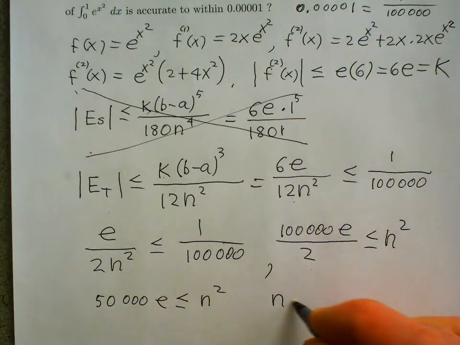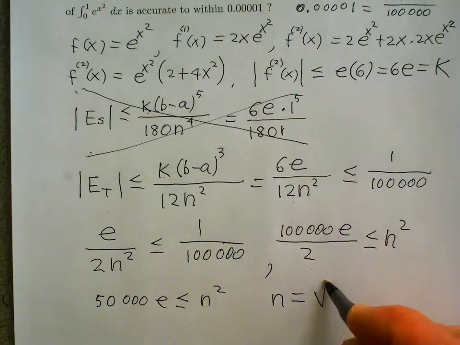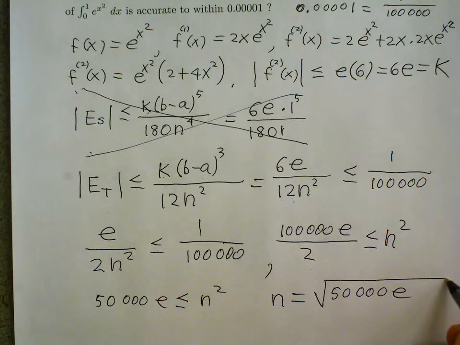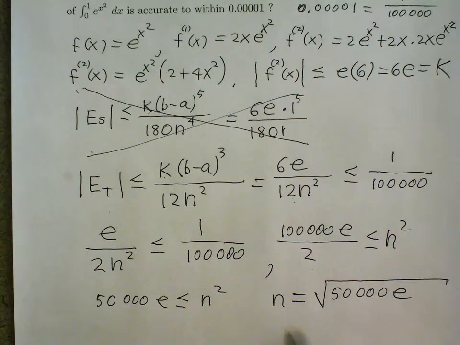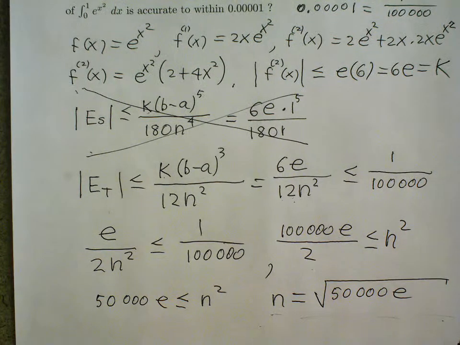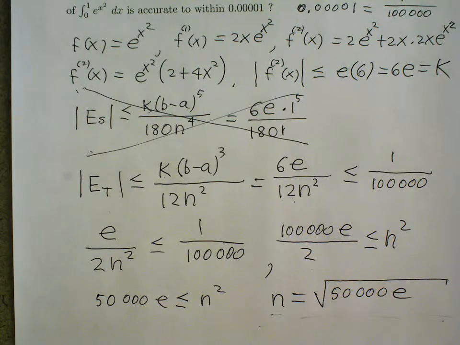But if you compute the square root of 50,000 times e, I do remember that n is more than 300. I don't remember the more precise answer. But when you get a decimal number, then just pick n to be the next larger integer, and that will guarantee that the trapezoidal rule will give you an approximation within 1/100,000.